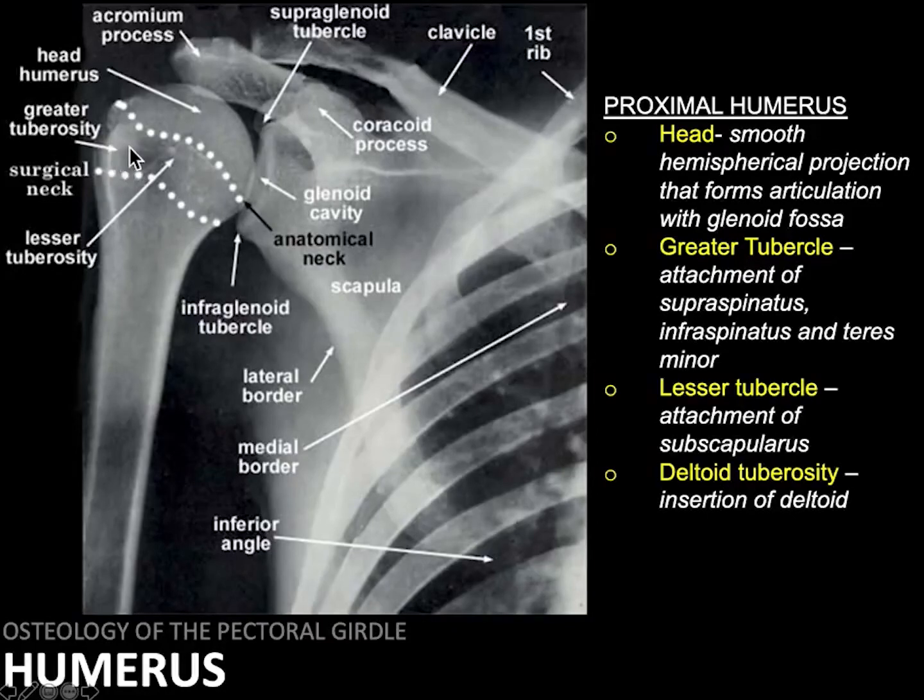This can also be called the greater tubercle of the humerus, and this is important because 3 of the 4 muscles of the rotator cuff will attach to the greater tubercle. A little bit more inferiorly and medially, we have our lesser tubercle. This is an important landmark for the attachment of the subscapularis muscle, as well as some of the attachments of the muscles of the anterior chest.